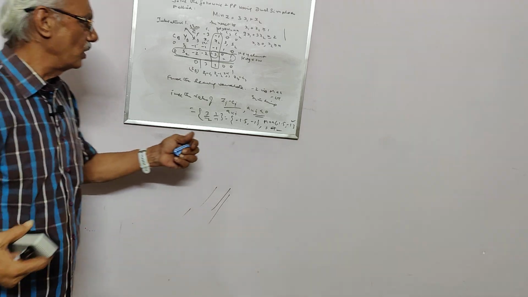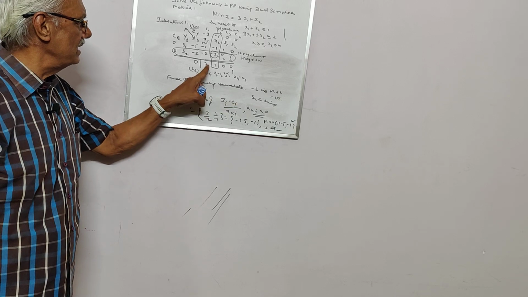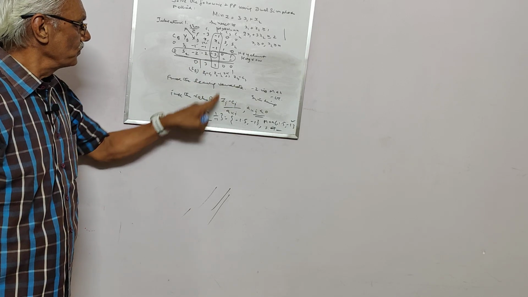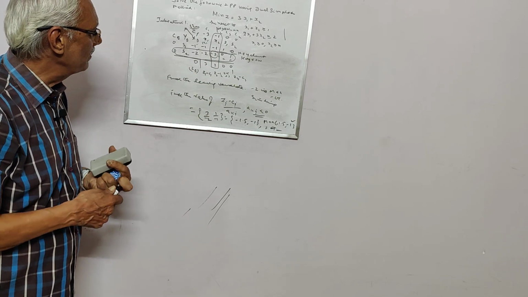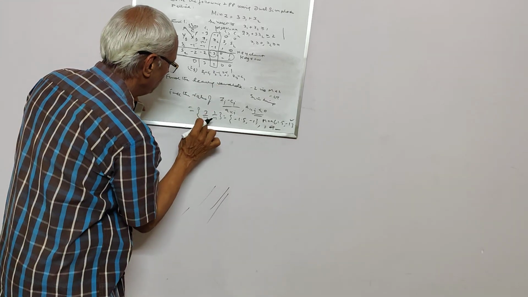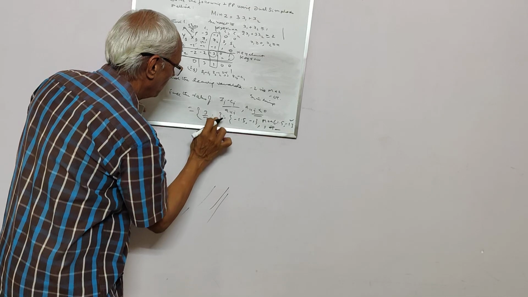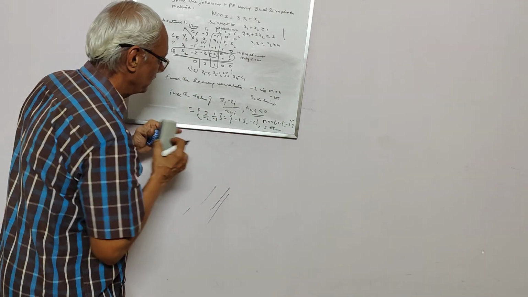So what have I done here? Zj minus Cj is 3 divided by minus 2, 1 divided by minus 3.